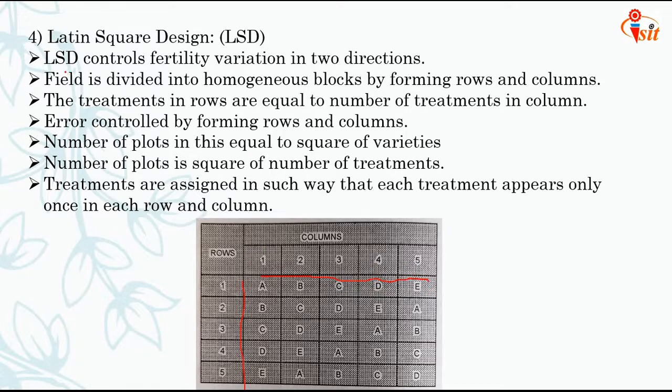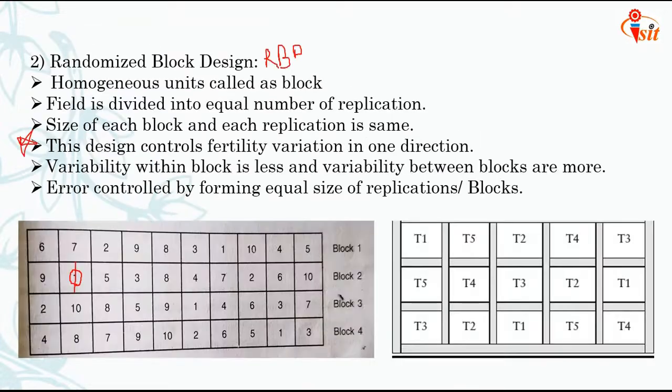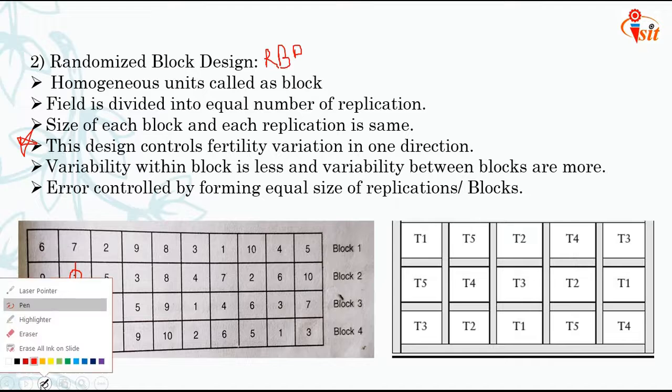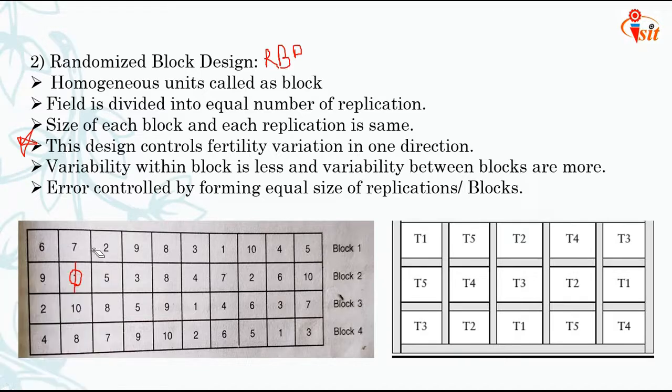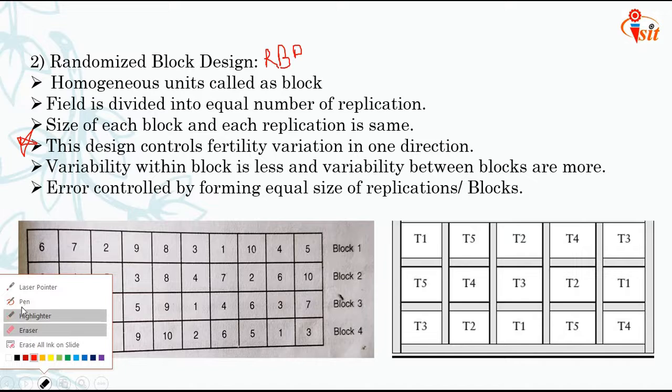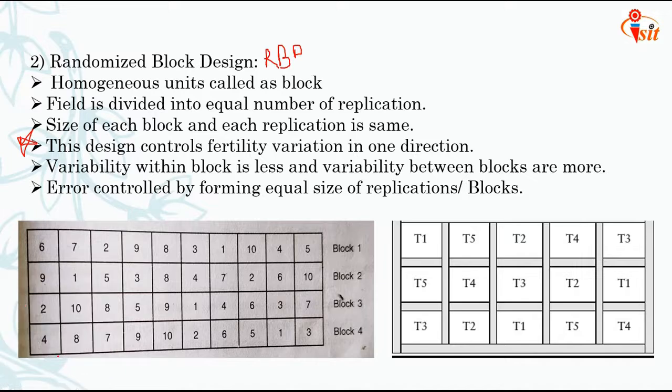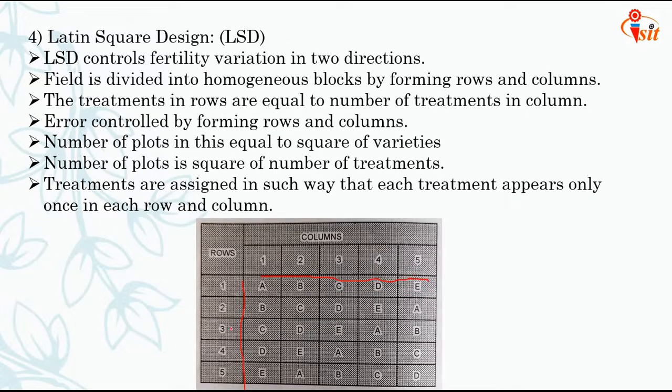In case of RBD, it controls the fertility in one direction only. But in case of Latin square design we form rows and also columns here.